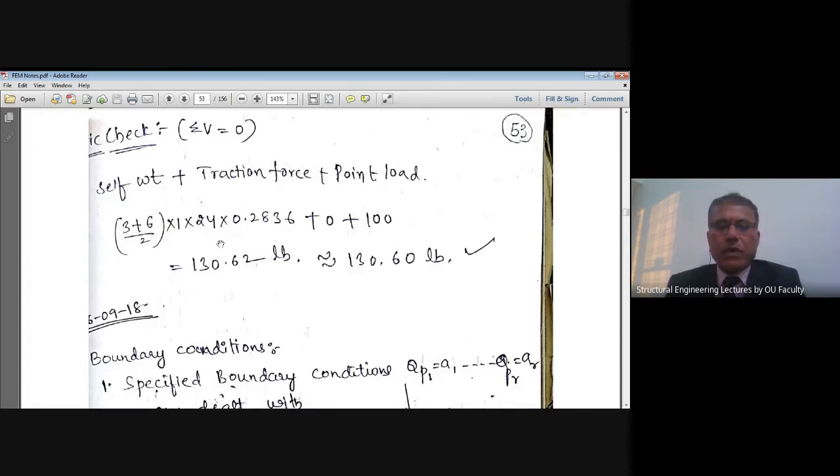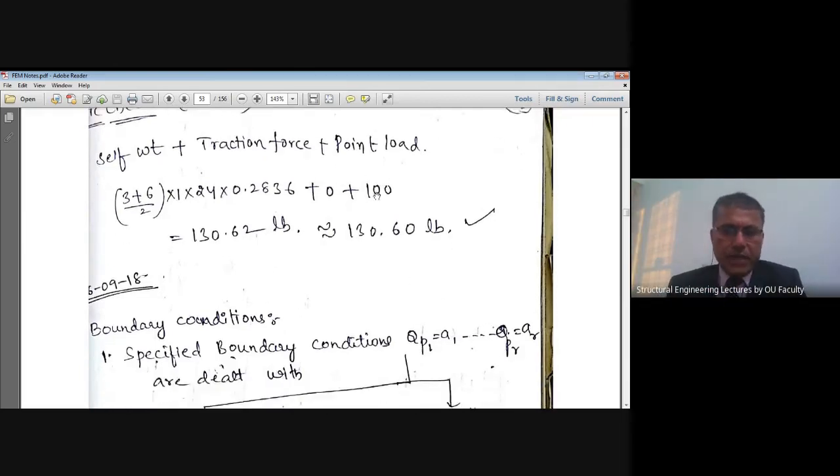Now the dead load is over. That works out to 30.62 pounds. There are no UDL forces acting in pounds per inch over the thickness, so its contribution is 0, plus point loads. Only node 2 has a point load; there are no point loads at node 1 or node 3.